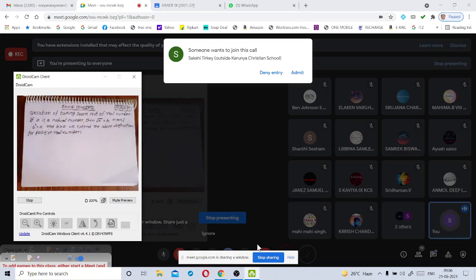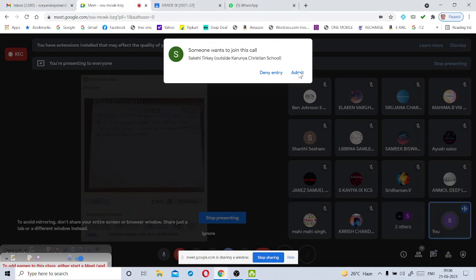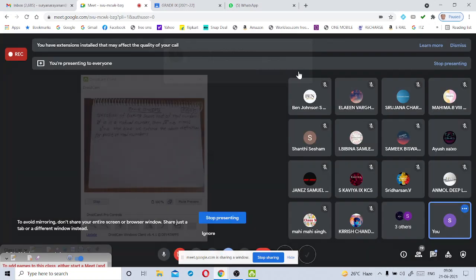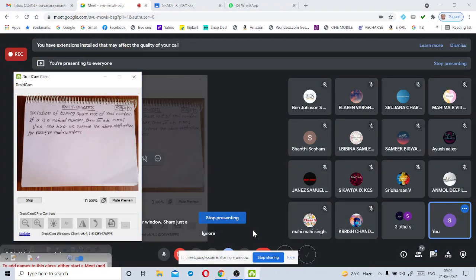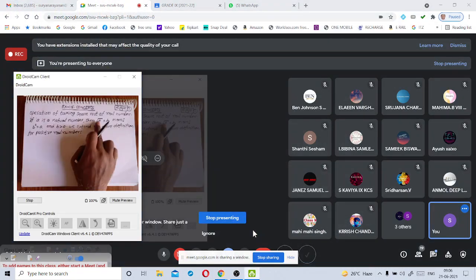For positive real numbers also, we use the same definition. So if a is a positive real number, then square root a is equal to b. Now let us write that definition.